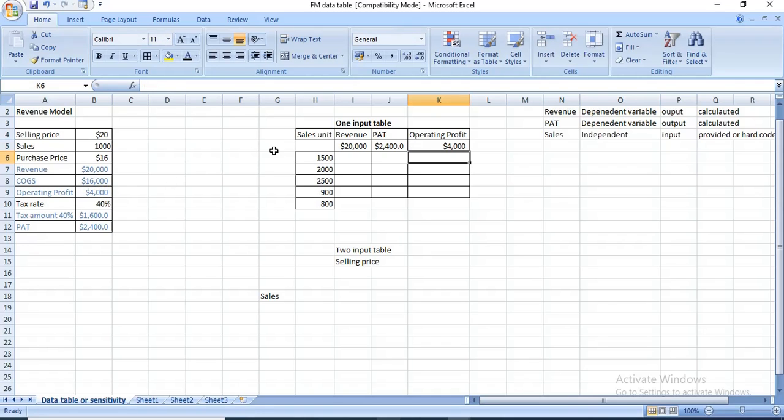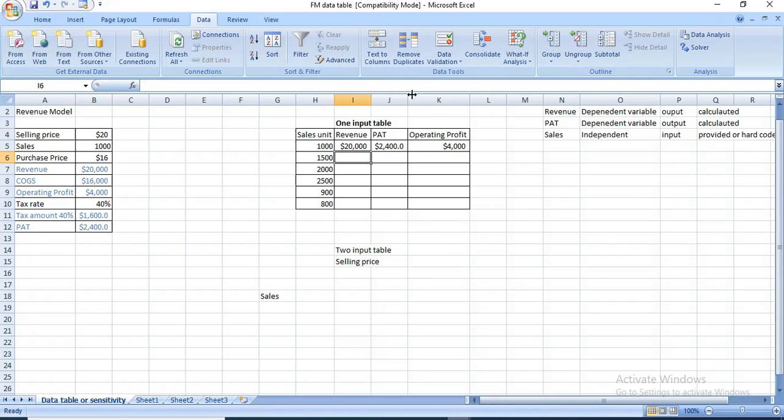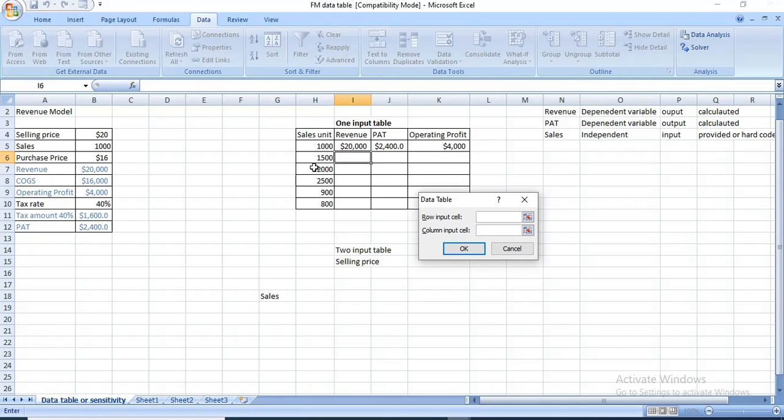And for how many units are all these things? That is for 1000 units, right? So now you want the result: what will be the effect on your revenue, PAT and operating profit if you are having these many sales. So go to Data, then What-If Analysis, then Data Table, and you have your inputs in the column, not in the row.